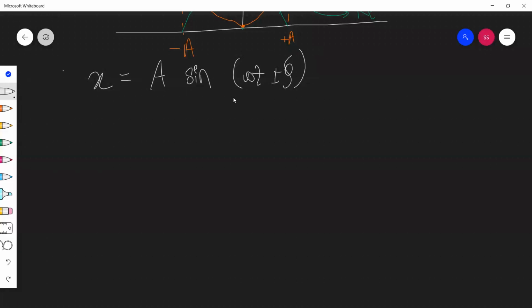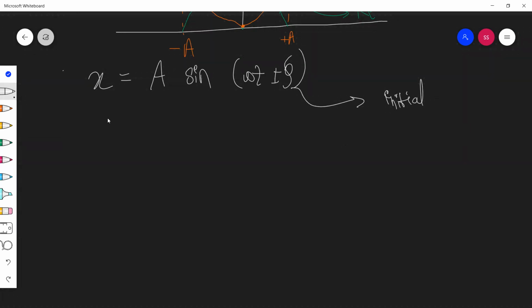That is the displacement versus time equation of SHM, where phi is the initial phase of SHM.